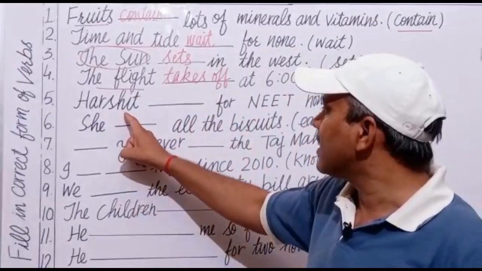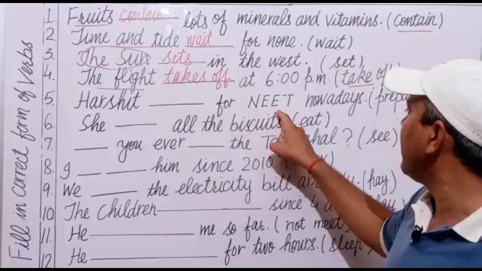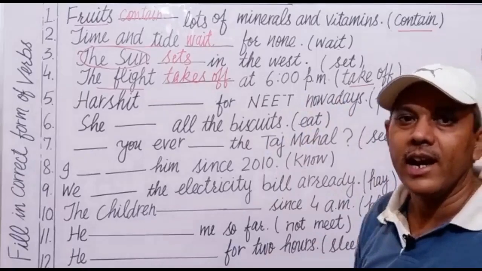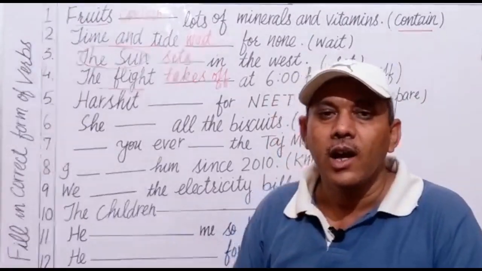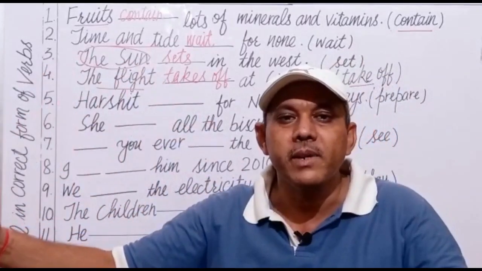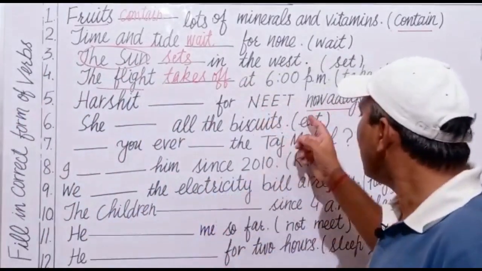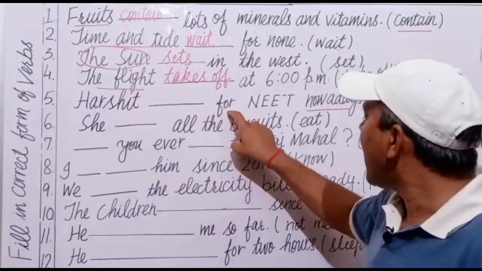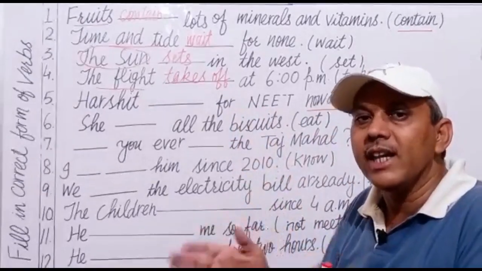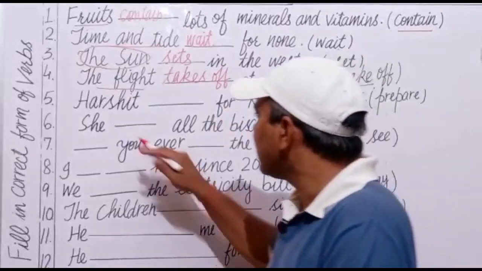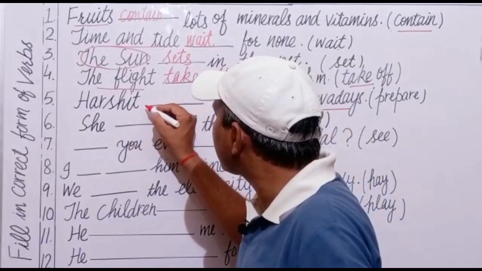Next is: Harshit dash for NEET nowadays. Now this is an action which is in progress over a period of time. Prepare means he is preparing. Harshit is the singular subject, third person singular.